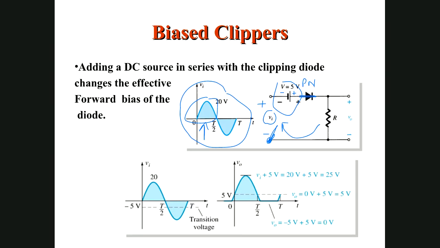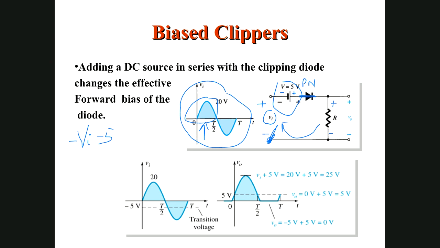Starting from this point in the clockwise direction, at first we say minus Vi, then this battery, minus 5. This diode is short, so 0, no need to write. Again, our resistor and output are in parallel, so we know very well that parallel elements have the same voltage.